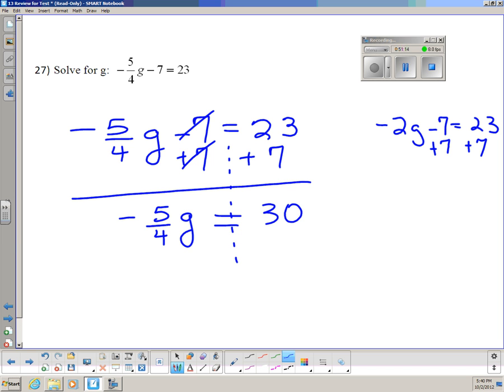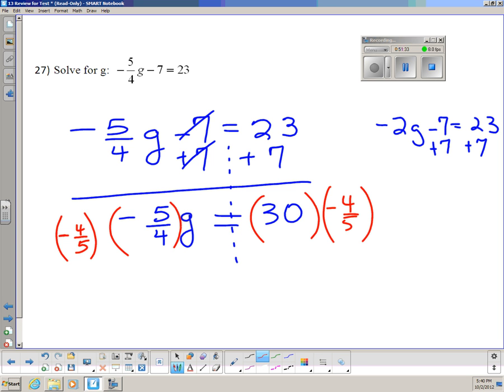Now, whenever there's a fraction in front of a letter, we multiply by the reciprocal. The reciprocal means I just take the numbers that I see, the 5 and the 4, and I swap them, but I keep the same sign. Reciprocals or multiplicative inverses, you don't change the sign.